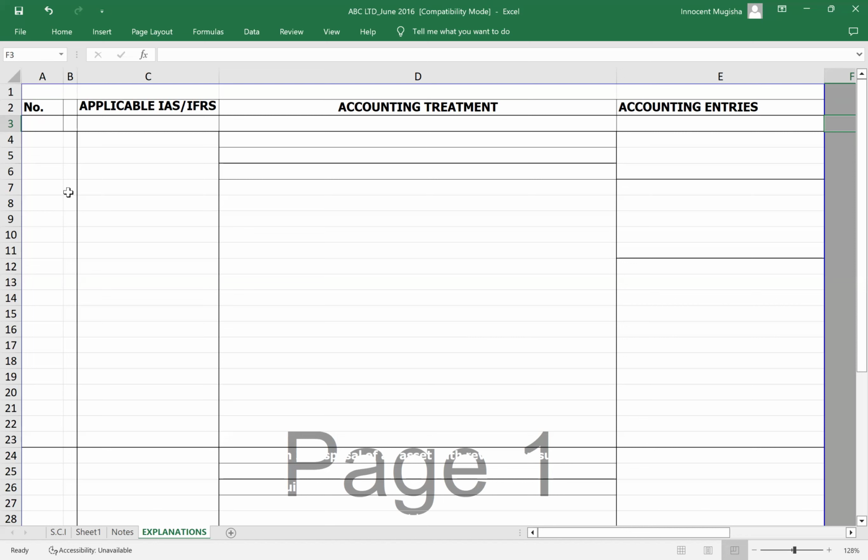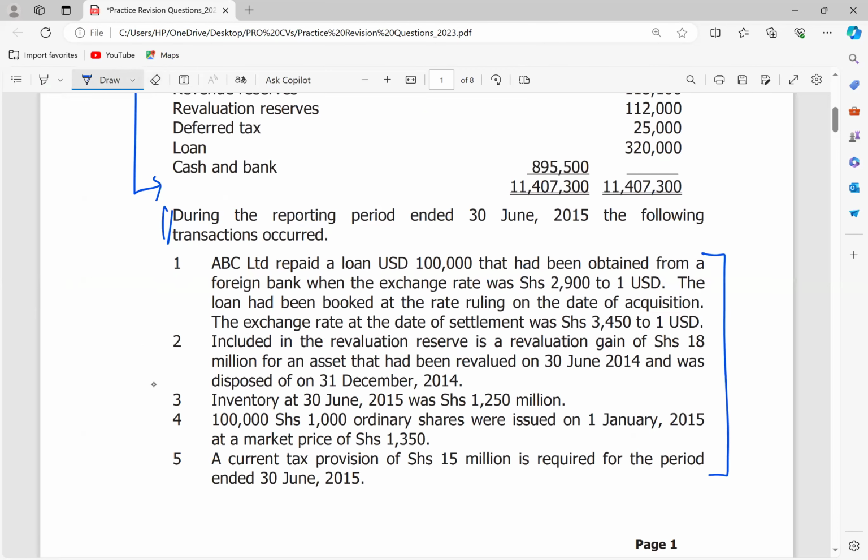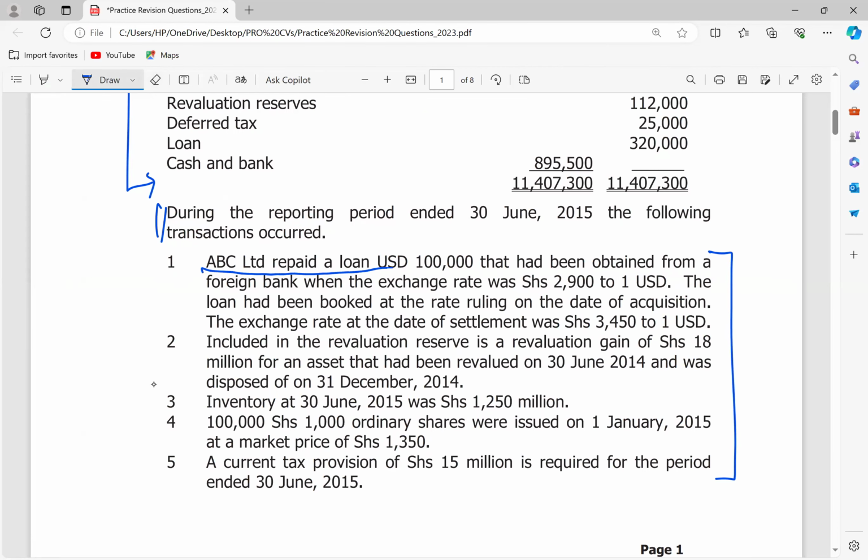So we begin with our very first note on the additional information, which is additional information number 1. In additional information number 1, we are told that ABC Limited repaid a loan of 100,000 US dollars that had been obtained from a foreign bank when the exchange rate was 2,900 Ugandan shillings to $1.